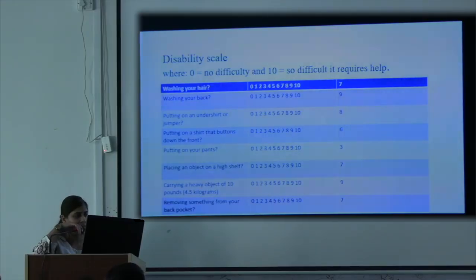Washing your hair 7, washing your back 9, putting on an undershirt or jumper 8, putting on a shirt that buttons down the front 6, putting on pants 3, placing an object on a high shelf 7, carrying a heavy object of 10 pounds, 4.5 kilograms, 9. Removing something from your back pocket, the patient marks 7.